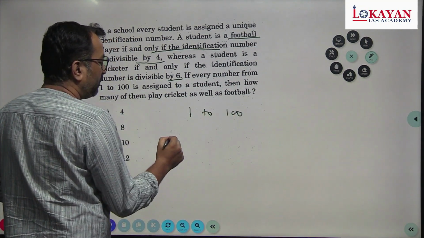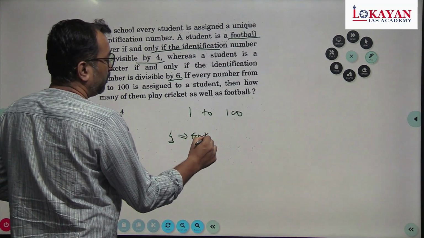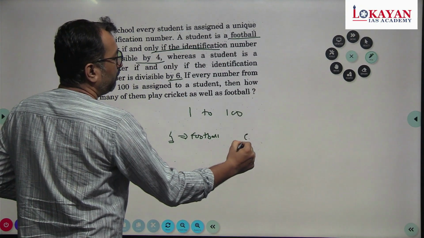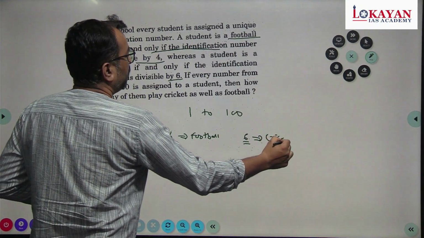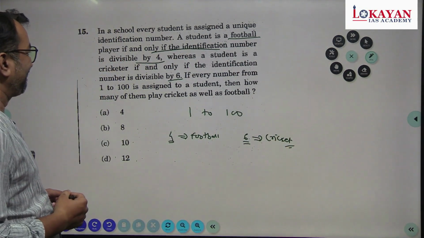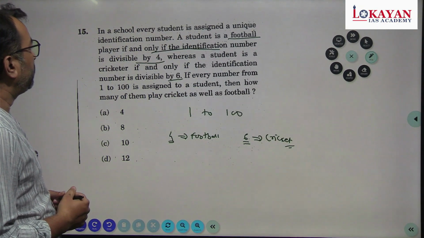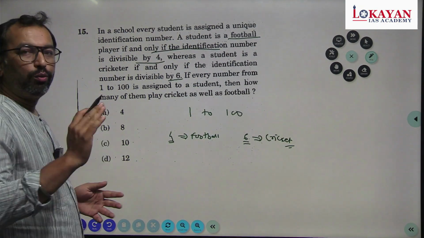If that number is divisible by 4, then that is a football player. If that number is divisible by 6, then that is a cricket player. Right? So we have been asked how many of them play both football and cricket.